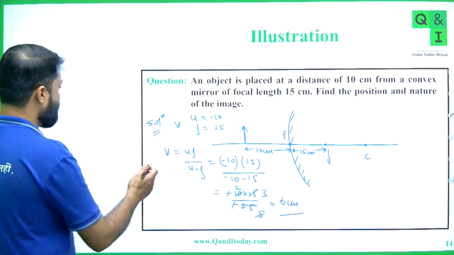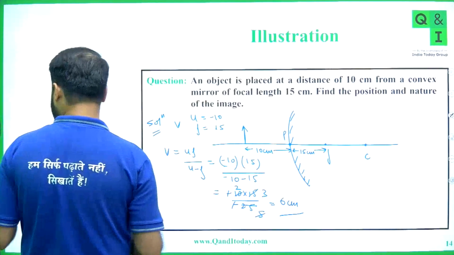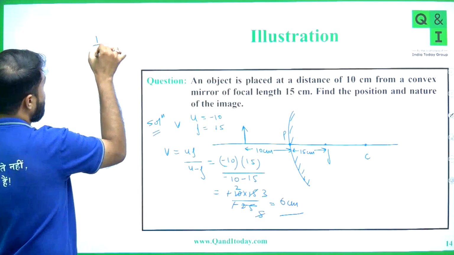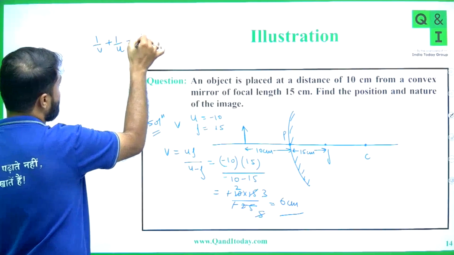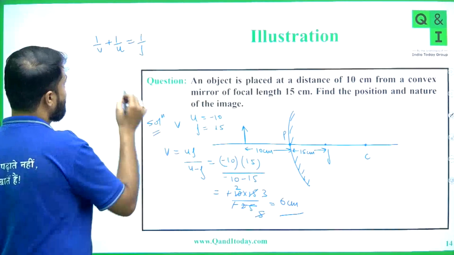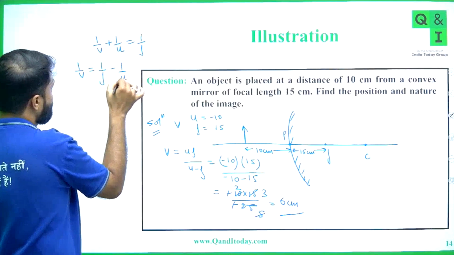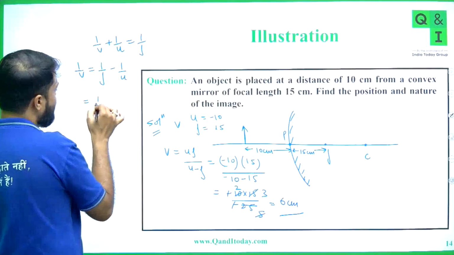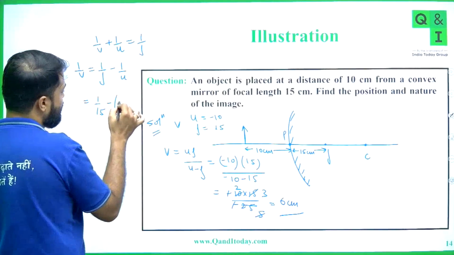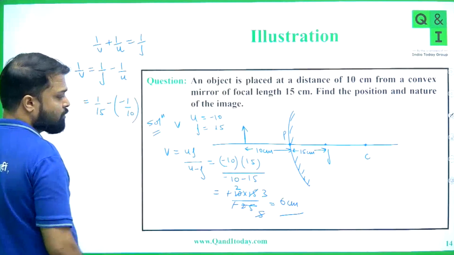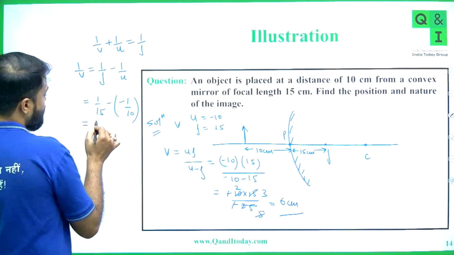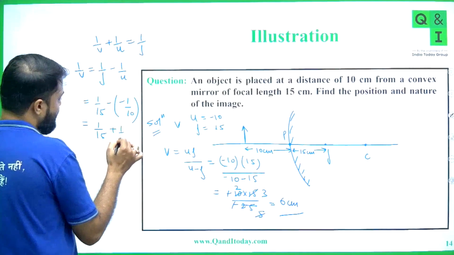Okay, use the formula that 1 by V plus 1 by U is equal to 1 by F. We have to find V. So can we say 1 by V is equal to 1 by F minus 1 by U? 1 by F is 1 by 15 minus of minus 1 by 10. Yes or no? So this is equal to 1 by 15 plus 1 by 10.